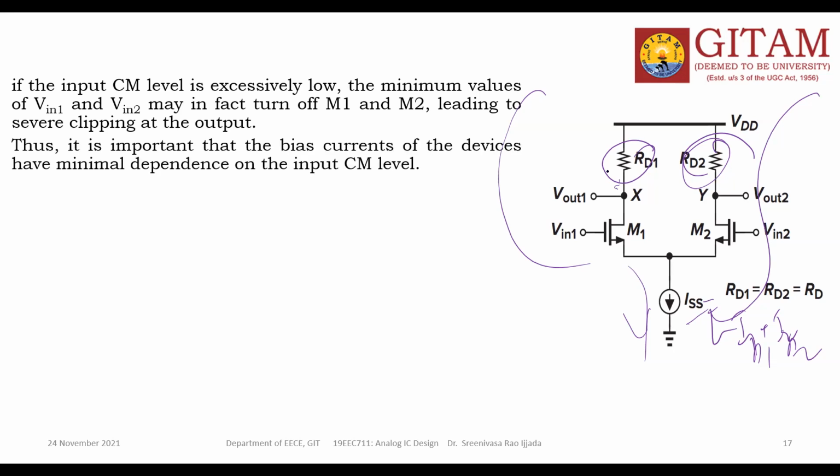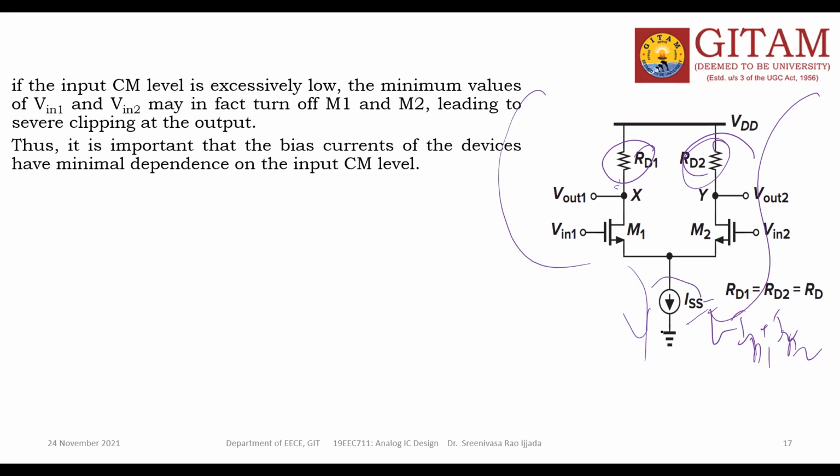Thus it is important that the bias current of the two devices have minimum dependence on the input CM level. I told you, the bias current should have less dependency on the CM value. In the earlier circuit, it has more dependency.